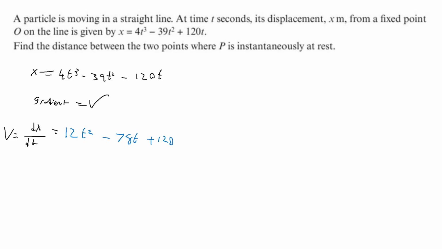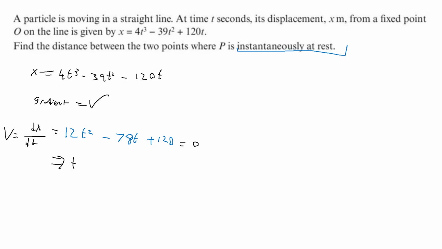Now, the points at which it's instantaneously at rest, what would it equal? It would equal 0, won't it? So therefore, let's work out the points at which it's at rest. First thing I'm going to do is divide everything by... Can I divide everything by 12? No, I can't, and I don't want to.